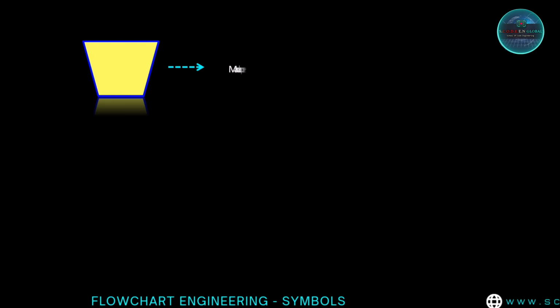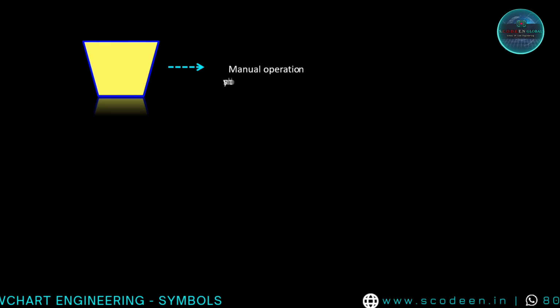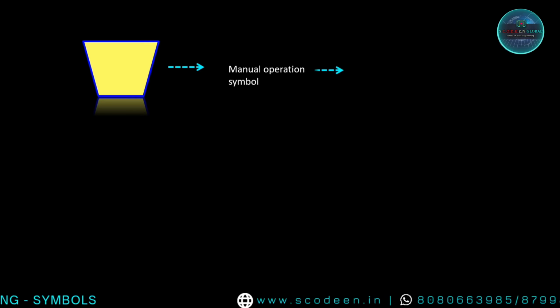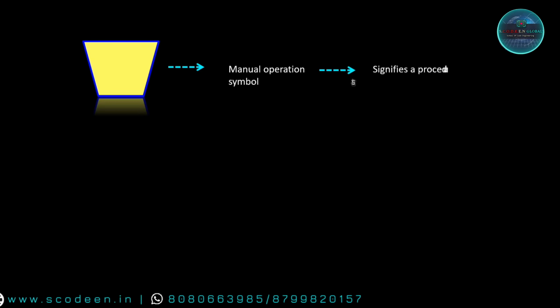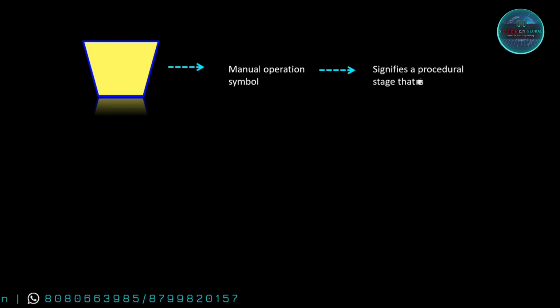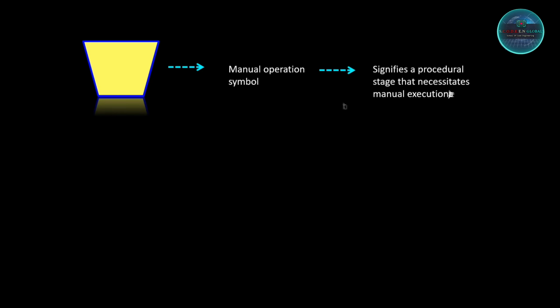The trapezoid symbol represents each step in a process requiring manual completion. If you want to do manual operations, you have to use the trapezoid symbol.